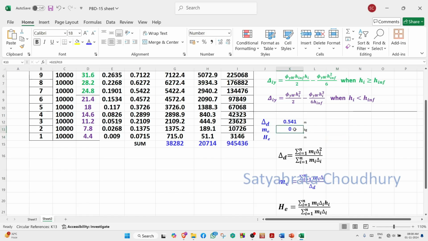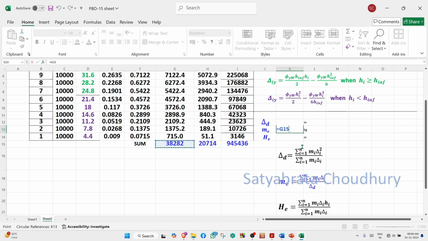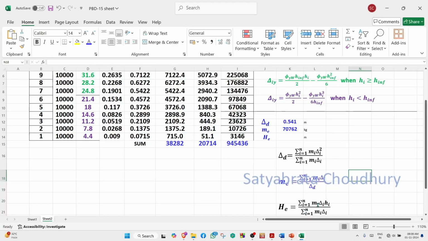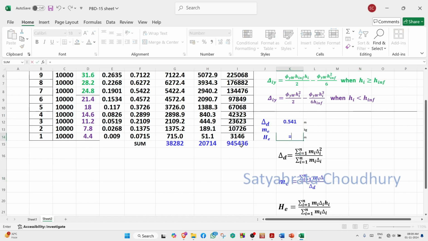So we put equal to summation mi delta I, this, divided by delta D, which is 0.541. HE is given by summation mi delta I hi divided by summation mi delta I, so equal to this one divided by this, 24.69.